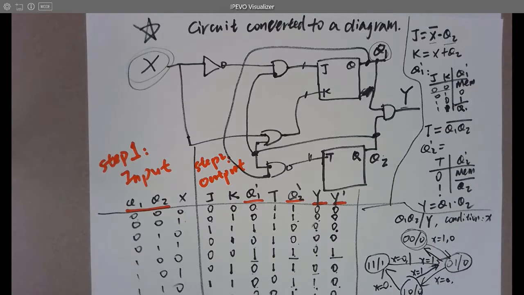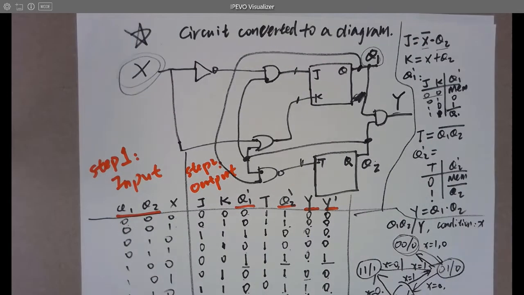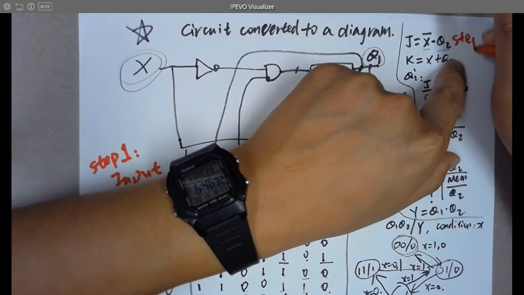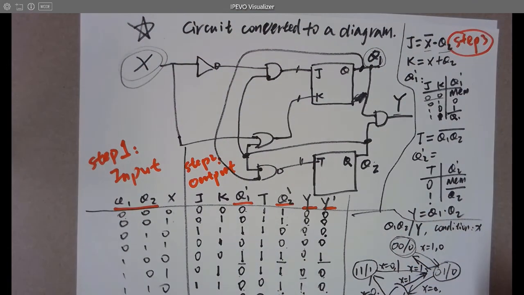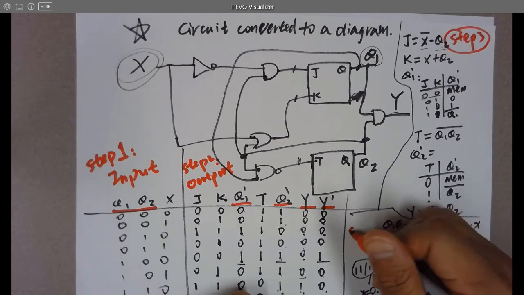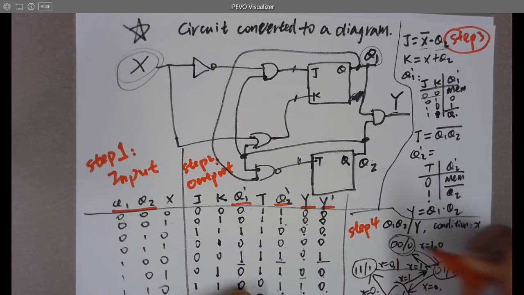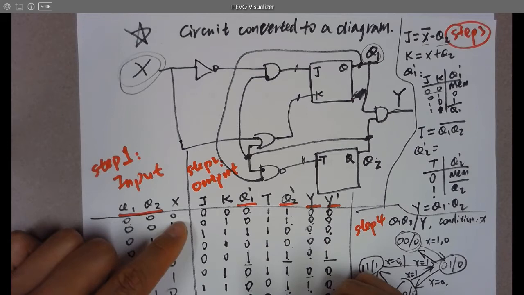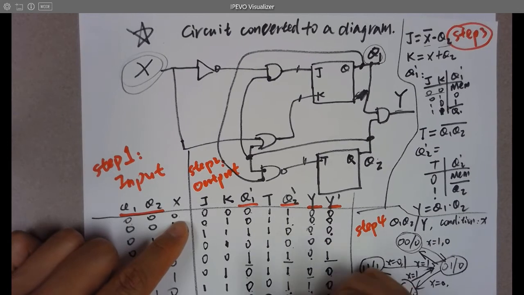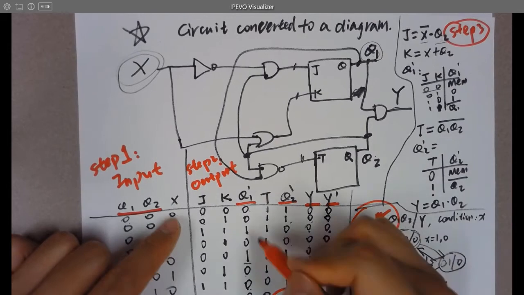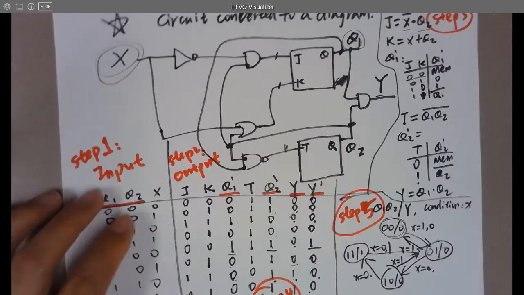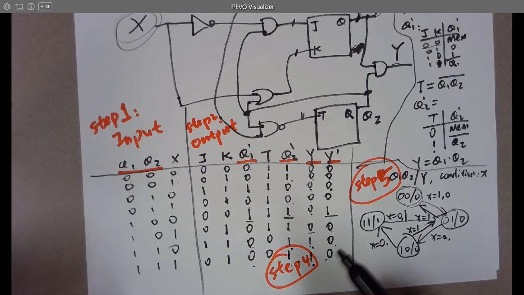And step 3, you just find the logic. That's step 3. And step 4, so actually you fill them in, which is step 4. And that's step 5. You just follow whatever you got from the truth table. You can convert it into a state diagram.